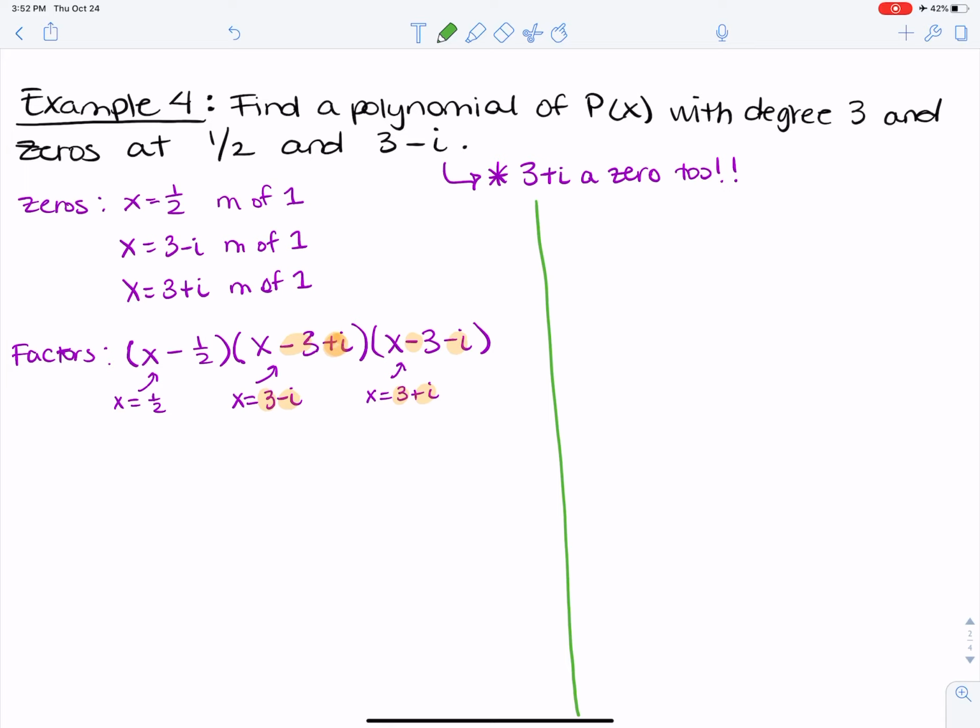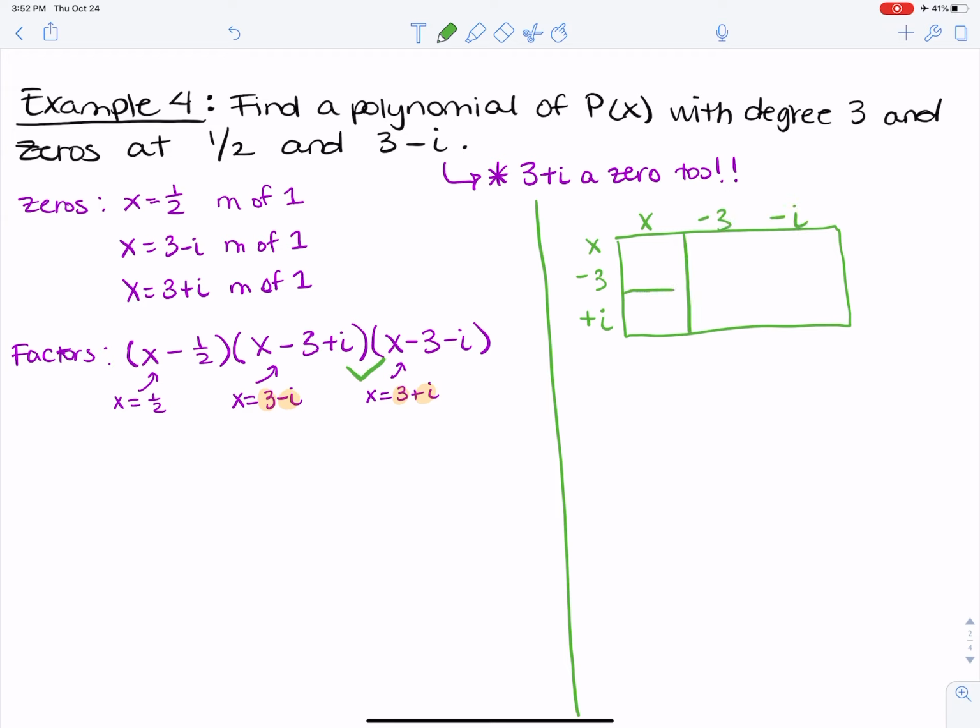So I'm going to do these two terms first, and I want to get rid of these little highlights. It's kind of messing me up. All right, so let's multiply those two first. x minus 3 plus i going down the side, and then x minus 3 minus i going across the top.